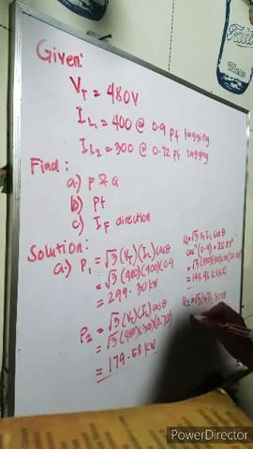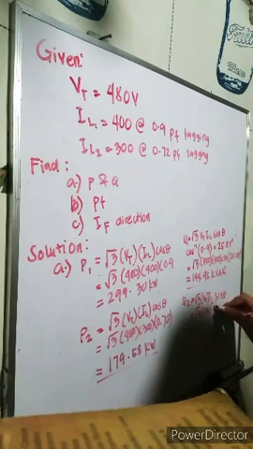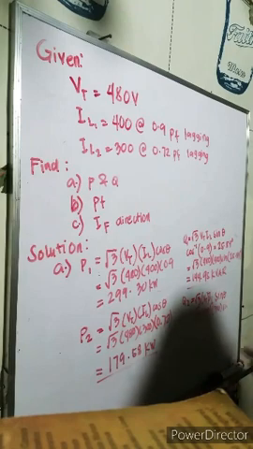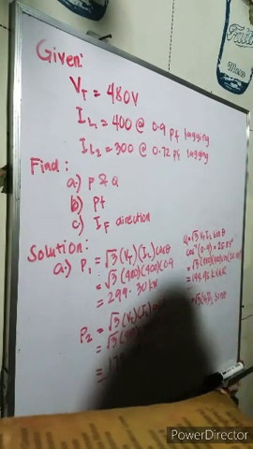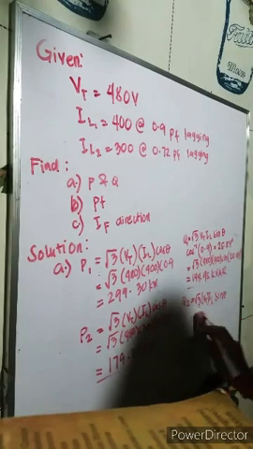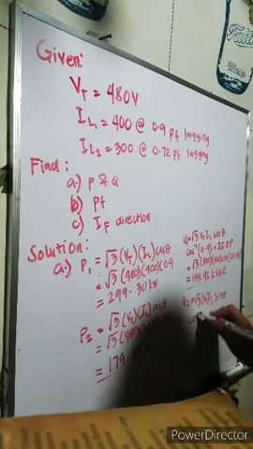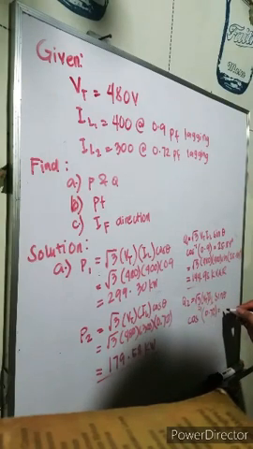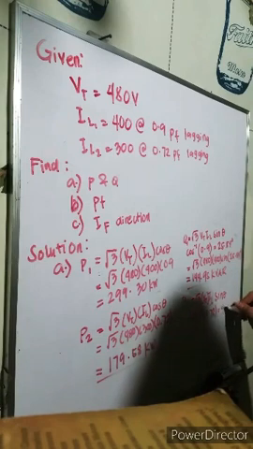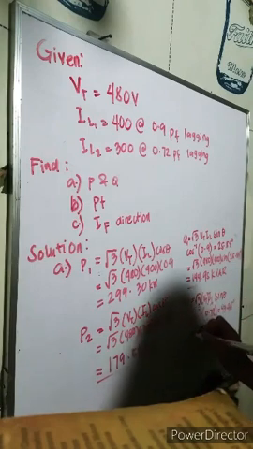And Q2 is equal to square root of 3 times the voltage, current, and sine theta. So theta, with the same calculation as in Q1, is equal to cosine inverse of 0.72 power factor, which results to 43.95 degrees.